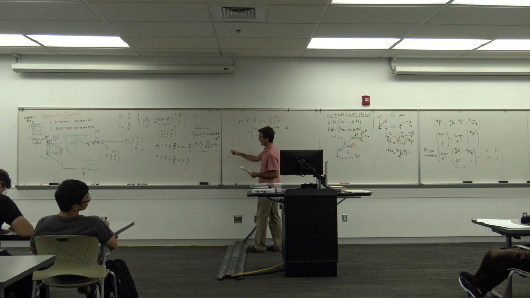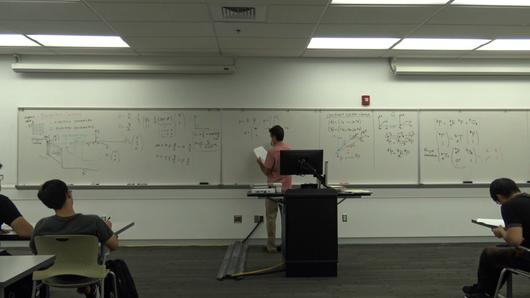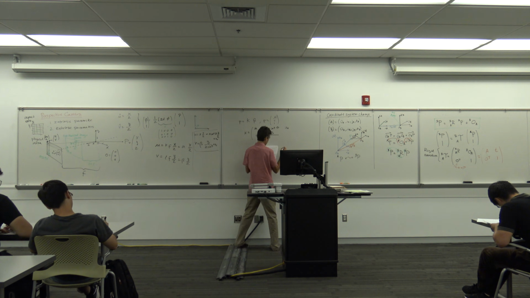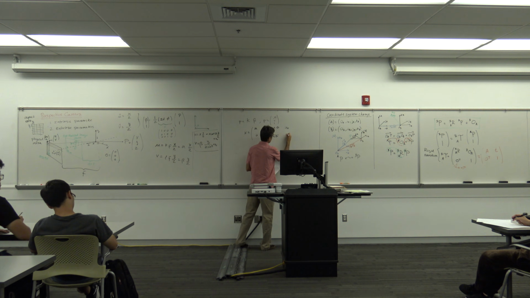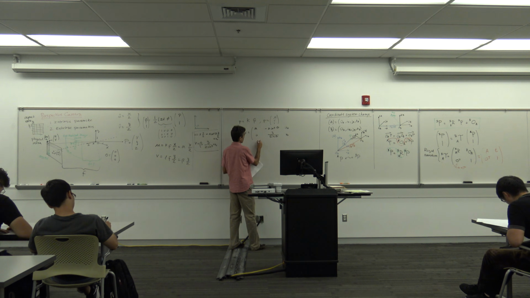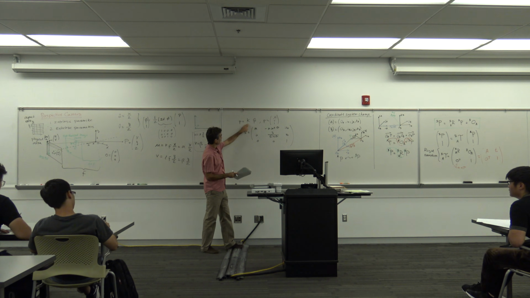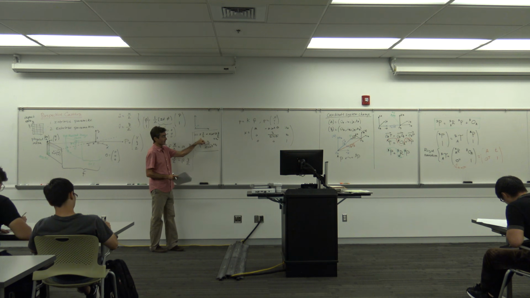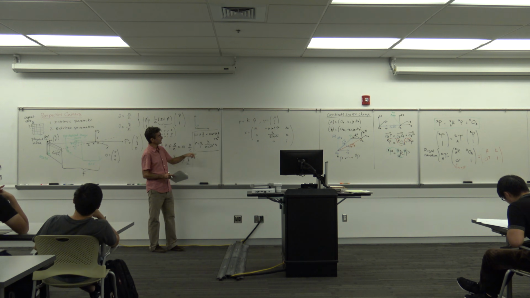Then 0, because there is no entry for x here. Then beta over the sine of the angle, and V0, and then 0, 0, 1. And that applied to here gives us that transformation from the normalized plane to U and V.